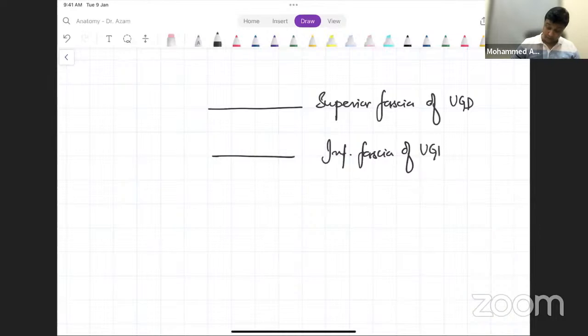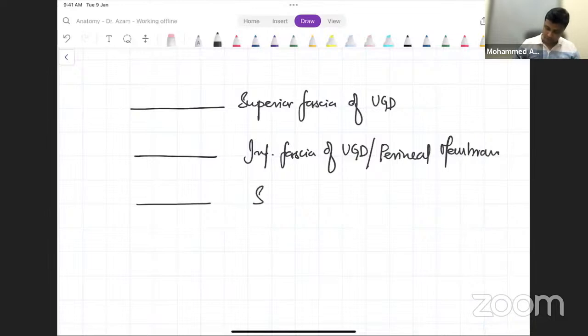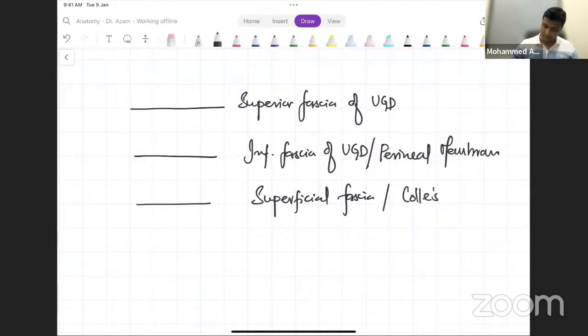And what did I tell you? This is also known as the perineal membrane. And then finally, there will be the superficial fascia, of course the superficial fascia of the perineum. And this superficial fascia of the perineum is also known as the Colles fascia.